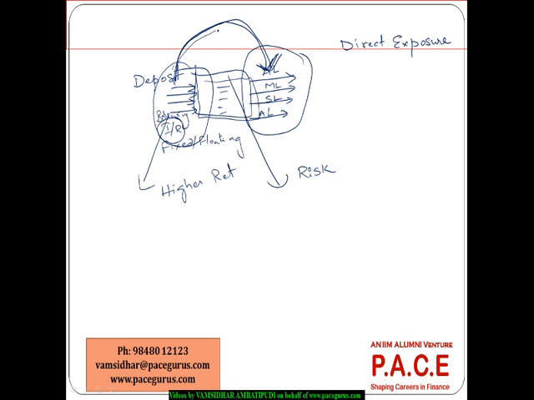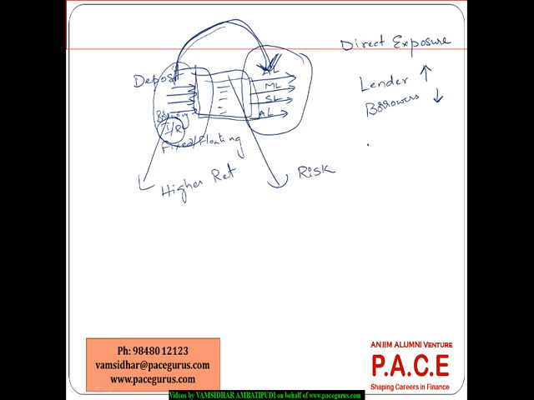So the bank is acting as an intermediary in the process between the borrowers and the lenders. And because of this, the lenders are going to get a much better return because they are going to take a slightly higher risk in the process. And from the borrower's perspective, the cost is going to be much lesser because one layer is completely removed.